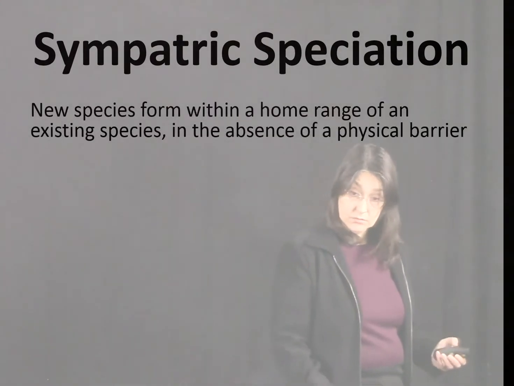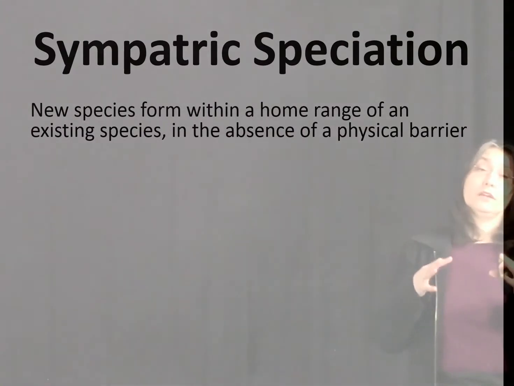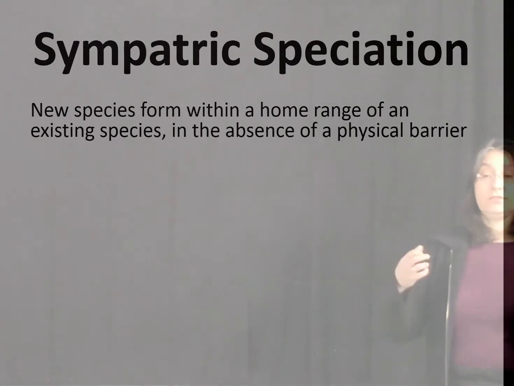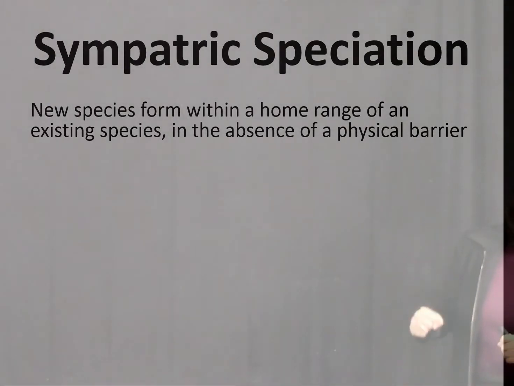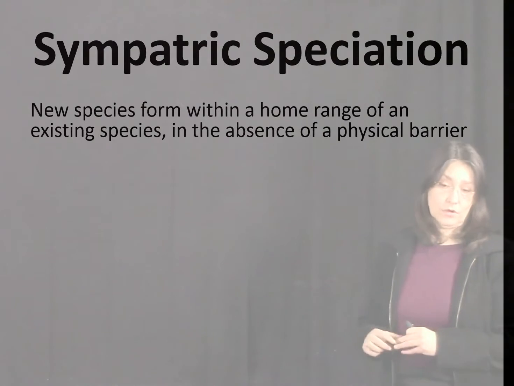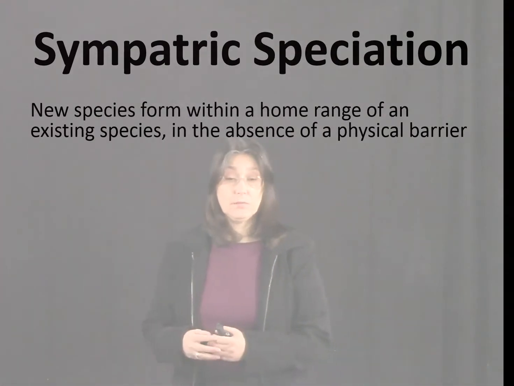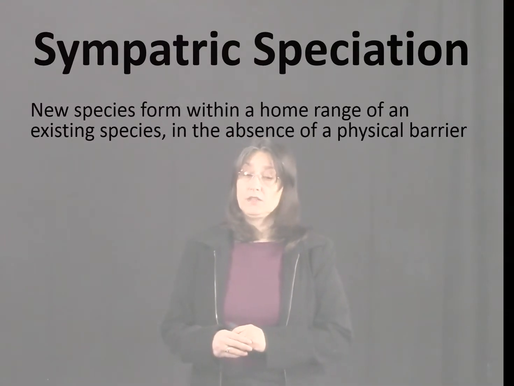So even though they are in the same area, the same locale, the same country, on the same mountain top, or in the same ocean, somewhere where they could meet, for whatever reason they cannot interbreed.